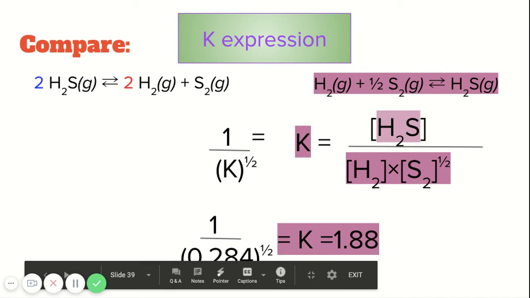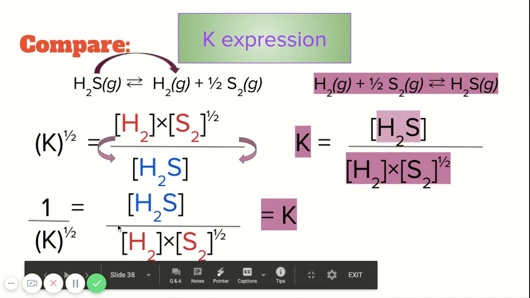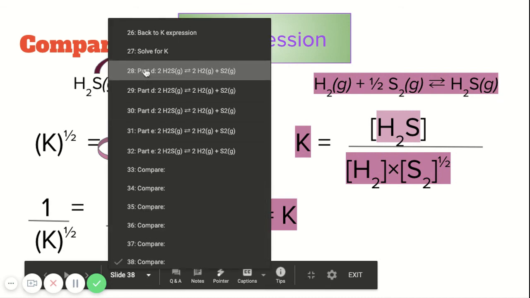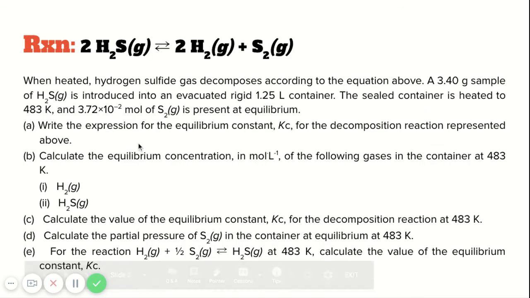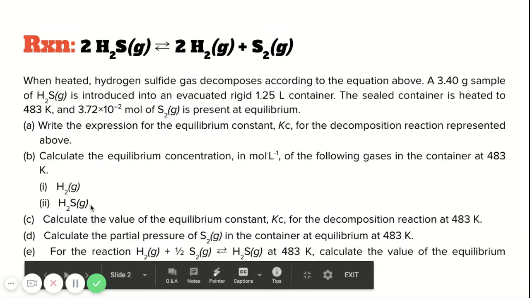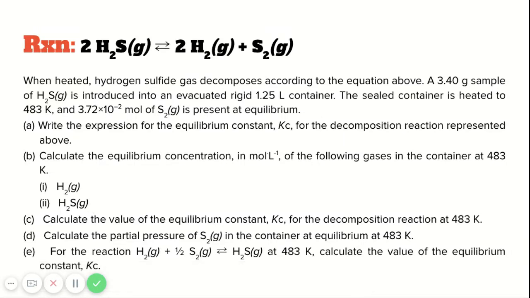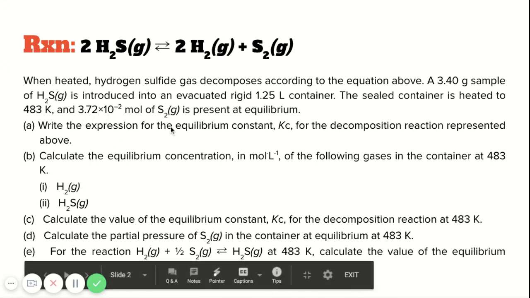So we are done. Let me find you the beginning. This is the problem. So we know how to write an expression for an equilibrium constant. We used the Rice table to find equilibrium concentrations by putting all of the information into the Rice table. All the information about the initial conditions, the C that we figured out on our own, and all the information for the equilibrium conditions, including this outside bit of information.